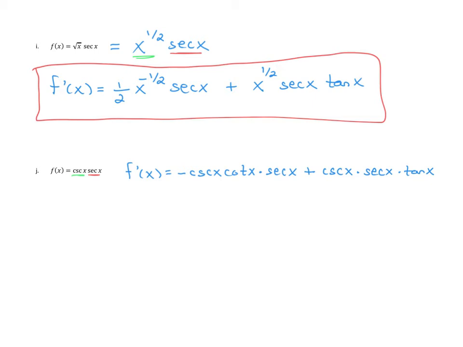Let's see. Well, to start with, I see we could factor out a cosecant secant from both terms. So let's try that. If we take out cosecant x and secant x, what is left over is negative cotangent plus tangent.